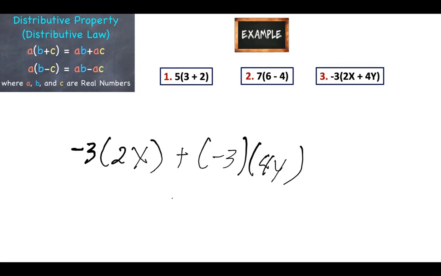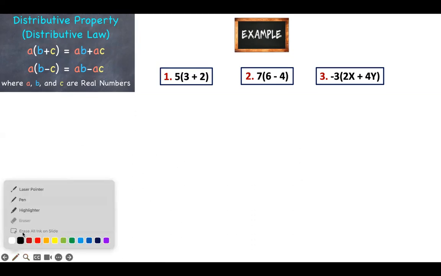We have learned about multiplying unlike signs. So minus 3 times 2x gives you minus 6x. And this is now minus 3 times 4y. That's also negative, so that is minus 12y. It's minus 6x minus 12y. So that's just an illustration of our distributive property.